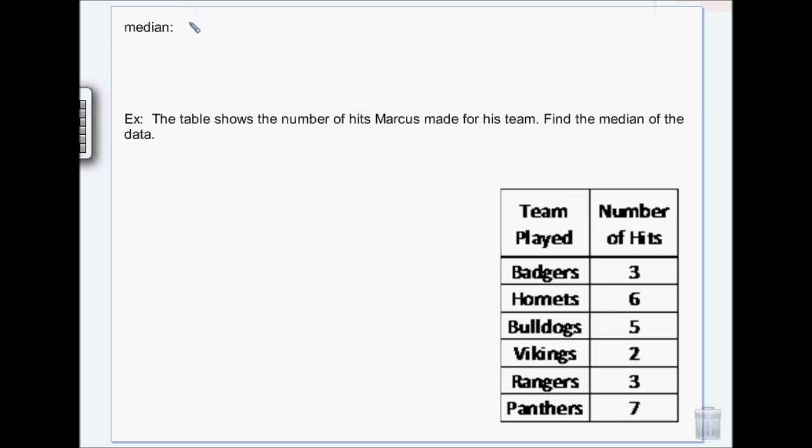The median is the middle number in a set of data. If you think about it, the median in a road is the piece of grass that's in the middle of the road. Okay, so to find the median of the data, first you put the numbers in order.